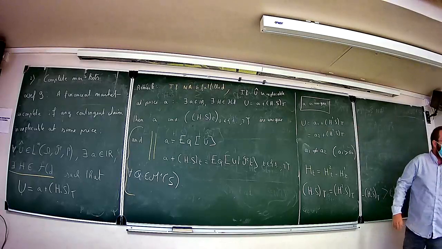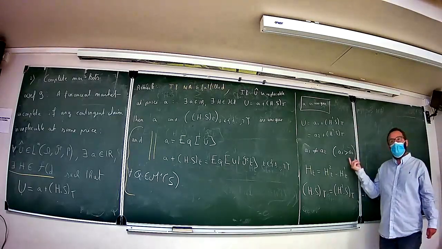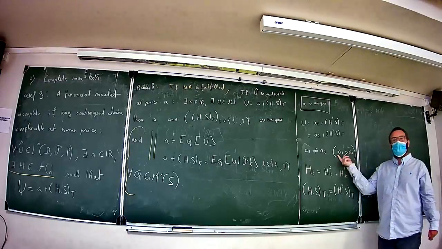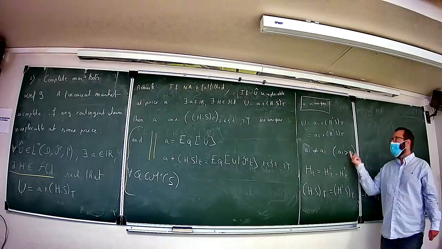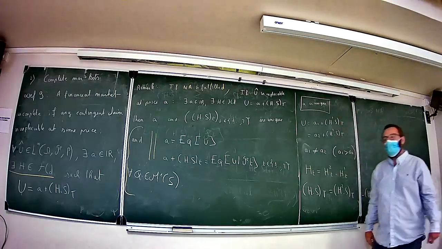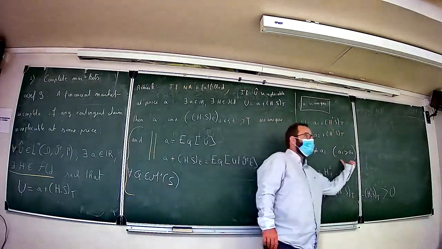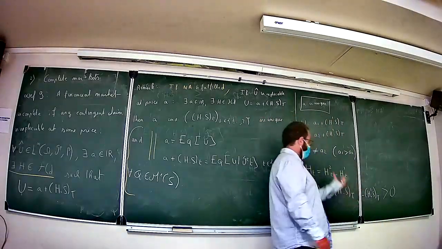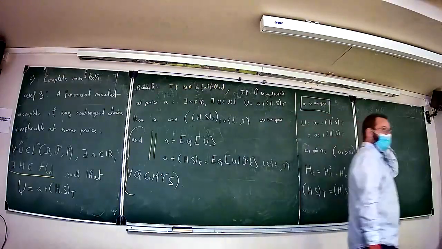I suppose that one price is more expensive than the other. I will short sell at this price in order to be able to buy the second strategy. And at the end, I will be able to reimburse and to make a profit because I have this strict inequality here. It's exactly what I do here, but just with my notations. Okay?